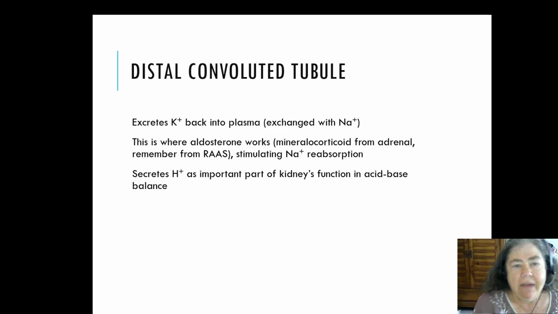We have talked a little bit about an exchange of potassium and sodium ions. In the distal convoluted tubule, the hormone from the adrenal gland that's called aldosterone, and you may remember aldosterone as one of the components of the renin-angiotensin-aldosterone system that is involved in blood pressure control and volume homeostasis.